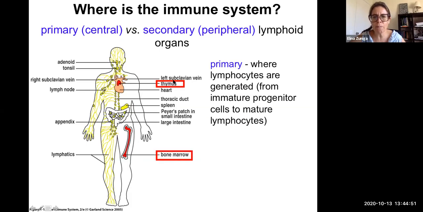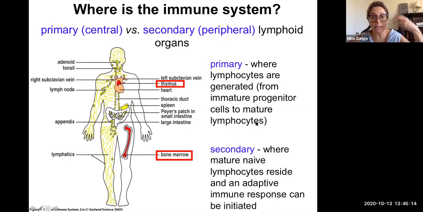And so we have primary lymphoid organs like the thymus and the bone marrow, where the lymphocytes are generated from these immature progenitors, such as the common lymphoid progenitors, and they become mature lymphocytes, okay? And after they become mature lymphocytes, they will recirculate in secondary lymphoid organs, okay?